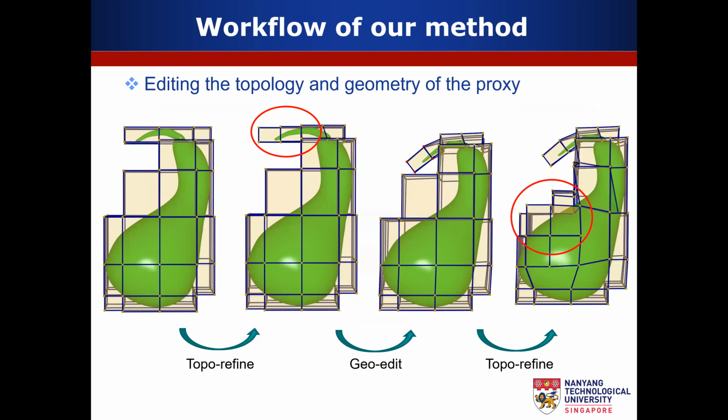In this slide, I want to highlight the process of editing the topology and the geometry of the proxy. For the branch part of the pear, we need large deformation. It requires a high degree of freedom. We could apply a local refinement algorithm in this region to add extra degrees of freedom by adding some control points.